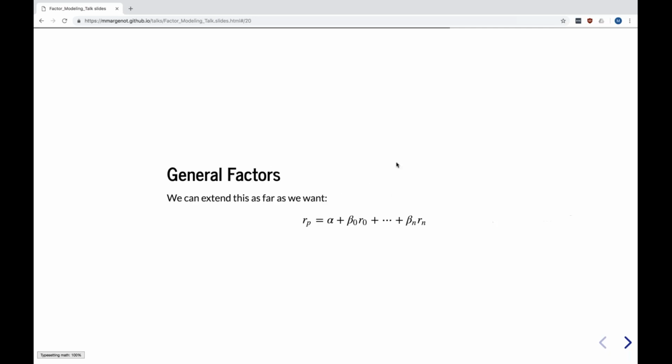And we can extend this to as many individual factors as we want, to as many separate return streams as we want. In this laid out multiple linear regression, we can have R0 is the market, R1 is small minus big, R2 is high minus low, but then we can add in sentiment, we can add individual sectors, we can add in whatever individual return streams that we might be concerned about.